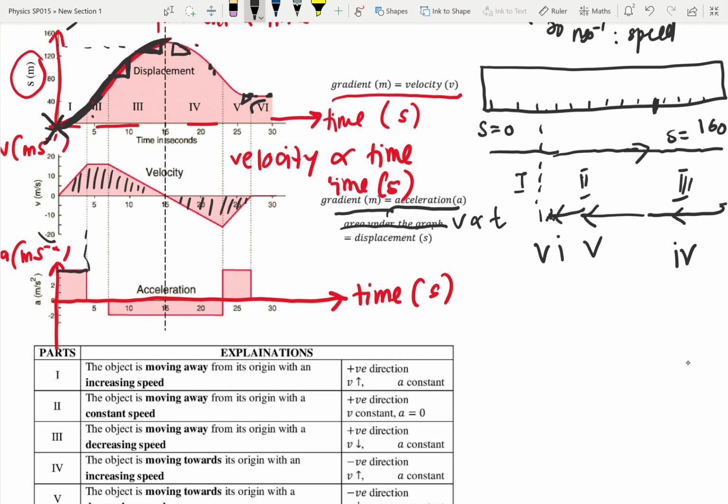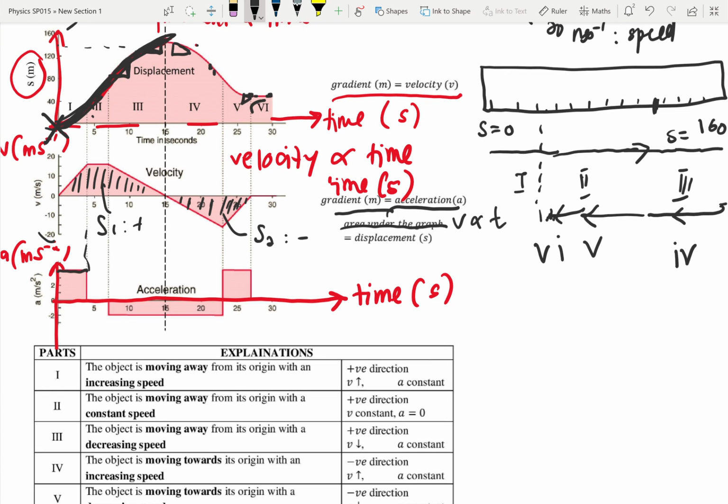When it moves to the left, it is negative. So maybe this is displacement 1, and this is displacement 2. Displacement 1 is positive because it moved to the right, and displacement 2 is negative because it moved to the left.